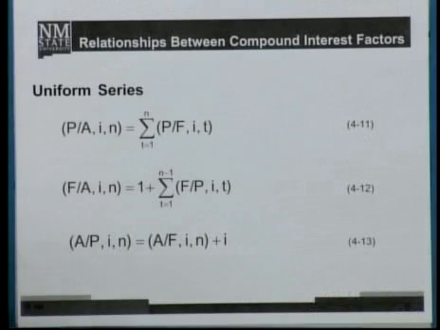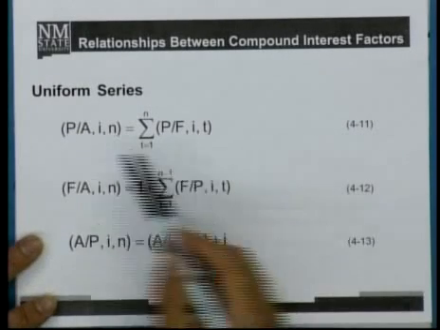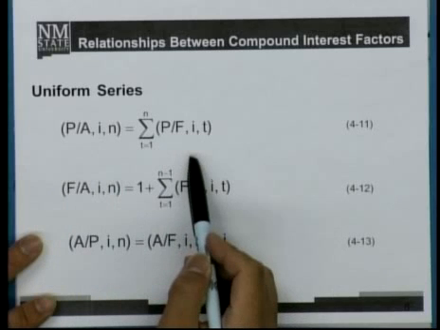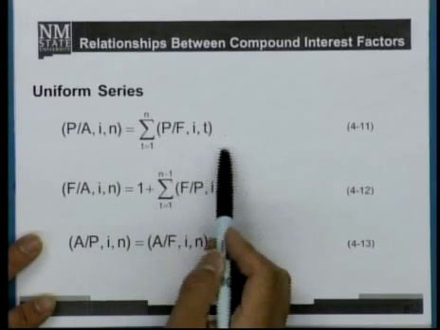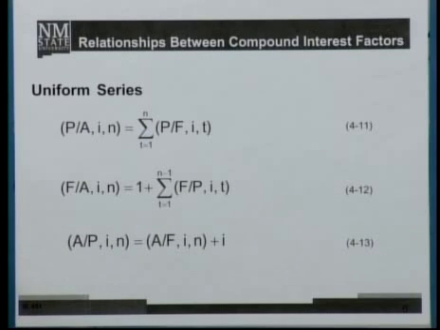And the uniform series present worth factor is the summation of the n interest terms of the single payment present worth factor.